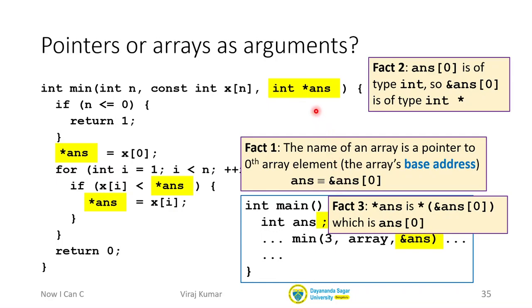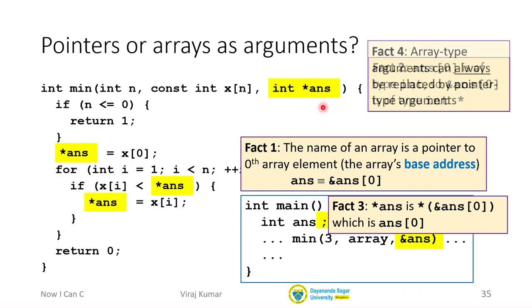So if we just step back and observe what we have done, we used to have an array type argument here. And what we have just seen is that it's absolutely okay to replace that array type argument with a pointer type argument. And this can be done always. So you might think, well, what about here? Can we also replace it here? And the answer is yes. This is also acceptable. Now you might say, wait a minute.